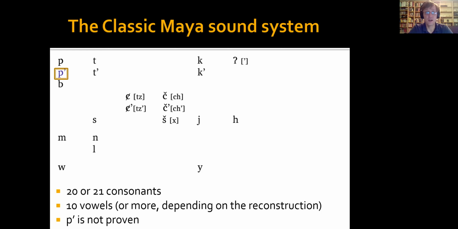So ka and ka with a glottal stop, these are different words. The word kuk means squirrel. The word kuk means quetzal. So couldn't be more different than that. That, of course, would take some time to practice.